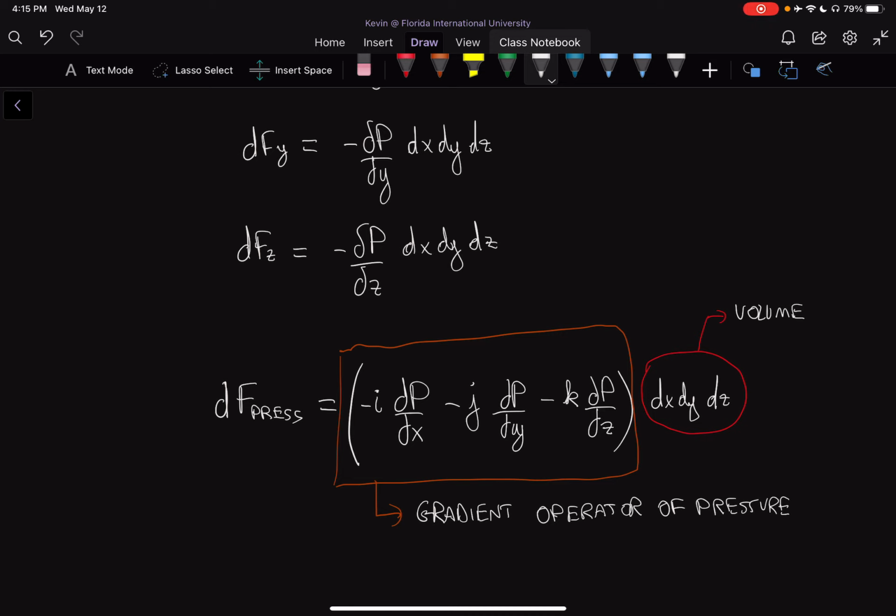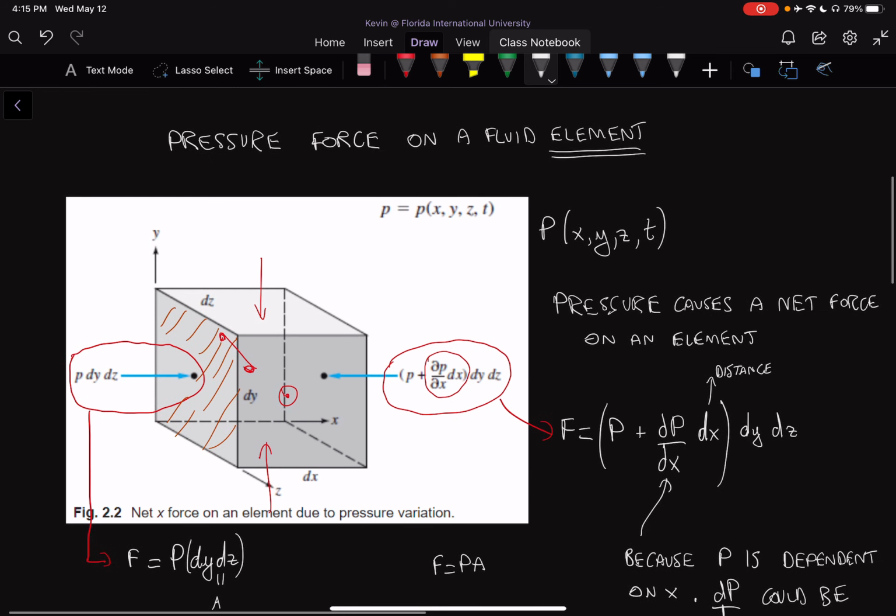So what the gradient operator of pressure means is that it allows us to figure out what the gradient in pressure is. Okay, so if we have an element shown as above and everything is in equilibrium, all the pressures would cancel out. We would just have pressure on all sides and all the pressures would cancel out, and the force due to pressure would be equal to zero.